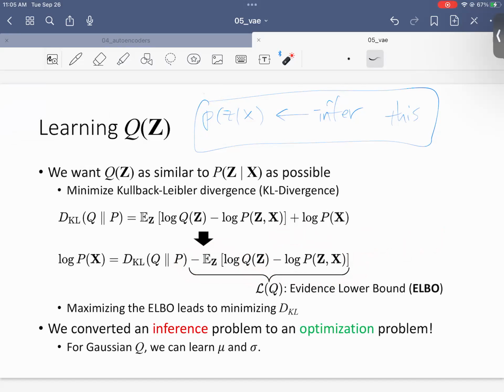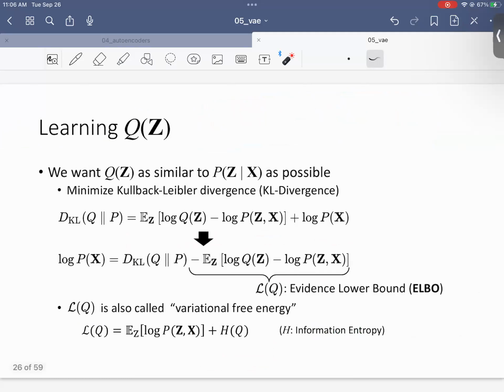So all we can manipulate is Q(Z), and if it is Gaussian, all we can play with is mu and sigma. When we say we want to maximize the ELBO, we mean we want to tune mu and sigma so as to maximize this whole term. That leads to DKL being minimized, and if DKL is minimized, Q and P are similar. Hopefully the whole story makes sense.